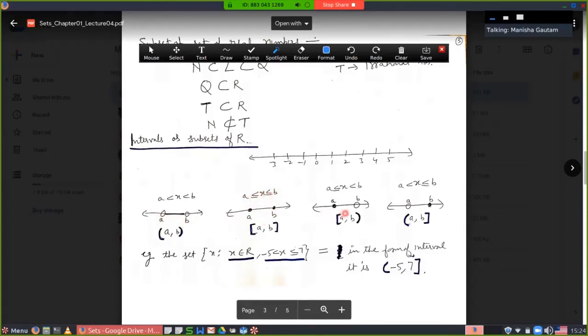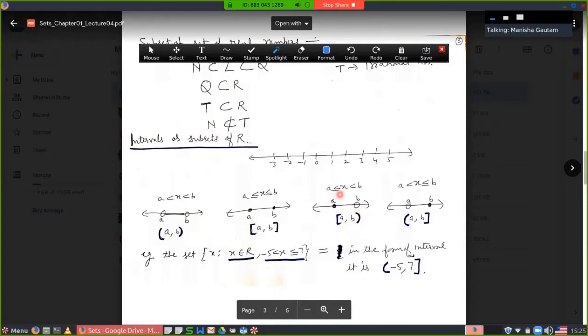And next one, semi-closed. Semi-closed means one side closed and another side open. A has a closed sign and B has an open sign. It means when you represent these on a number line, then on the side of B you have to put an empty circle, and on the side of A you will put a filled circle. Filled circle will represent it.